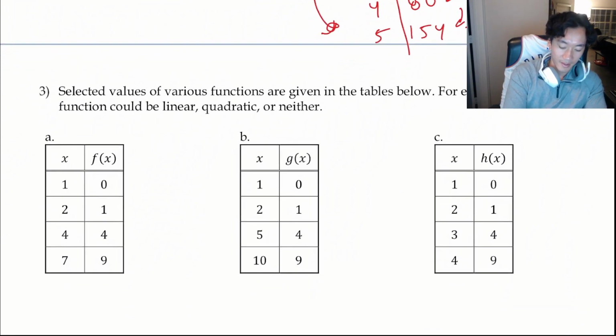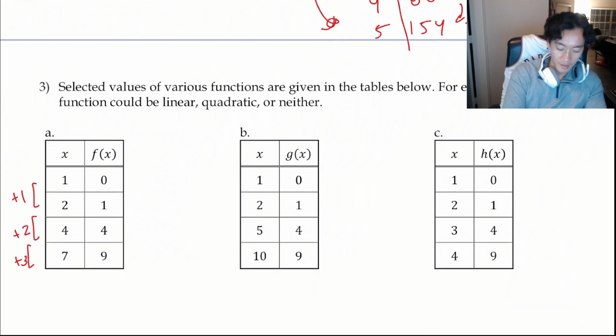Okay, so let's observe. That's plus 1, plus 2, and then plus 3. And then this one is plus 1, plus 3, and then plus 5.